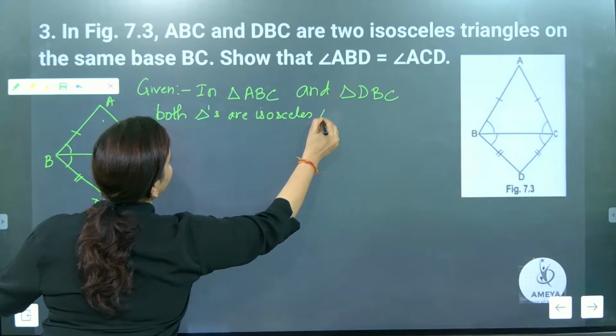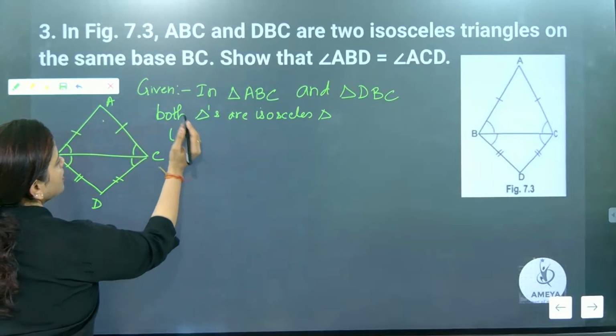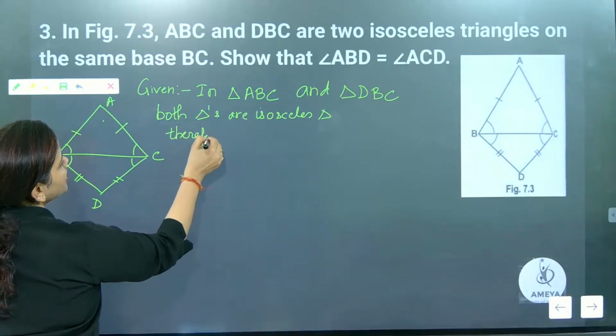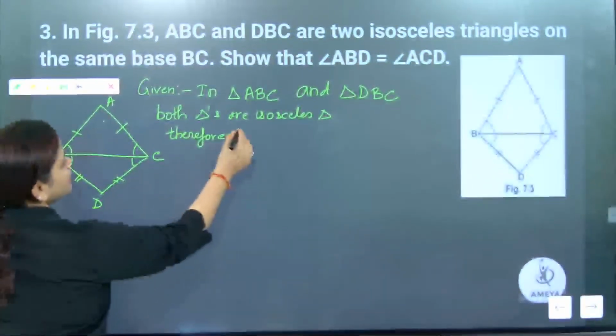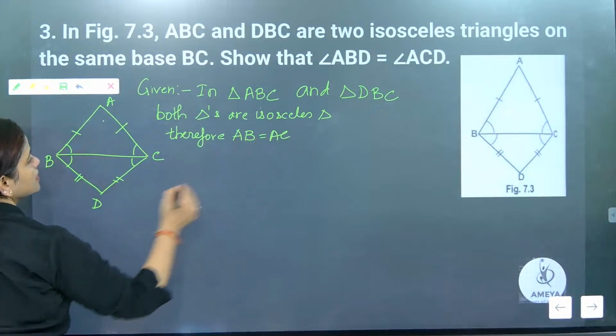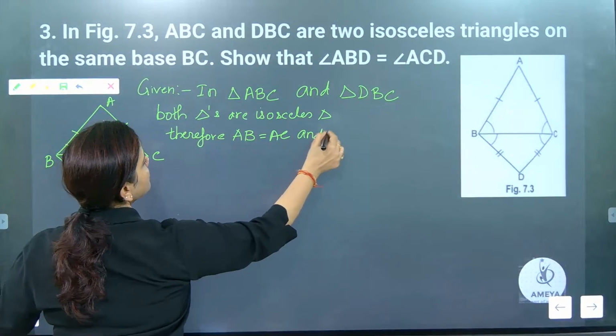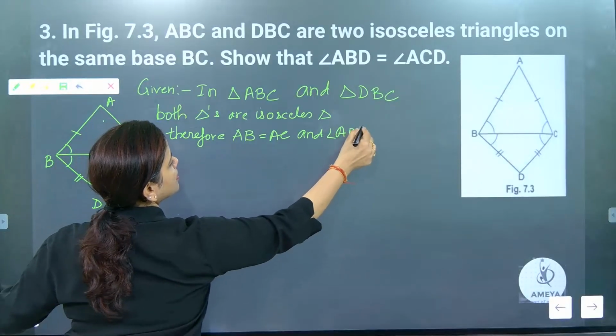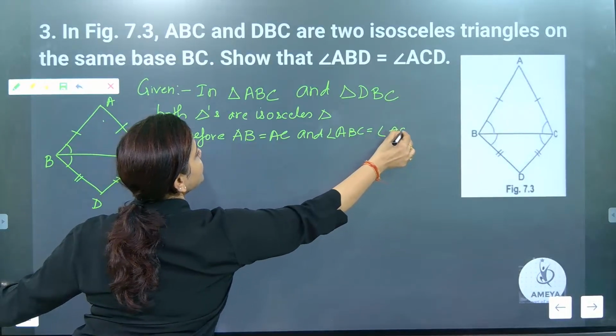Therefore, AB will be equal to AC and angle ABC is equal to angle ACB.